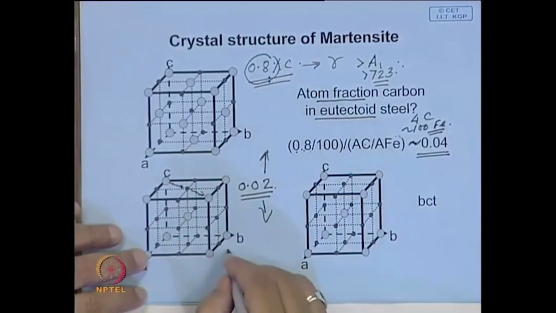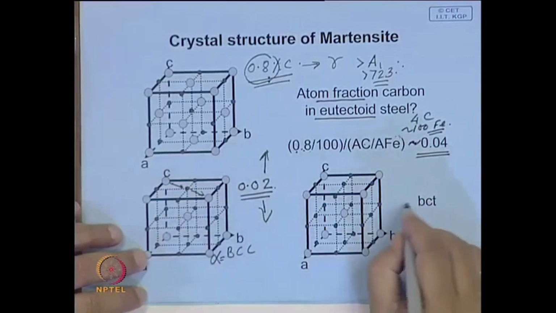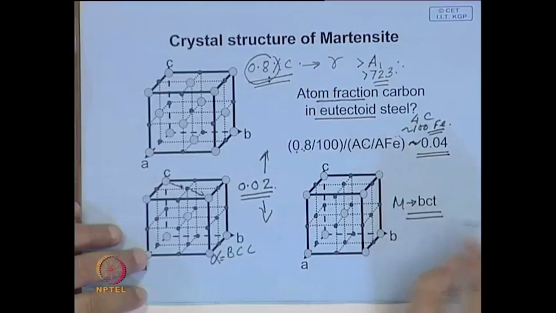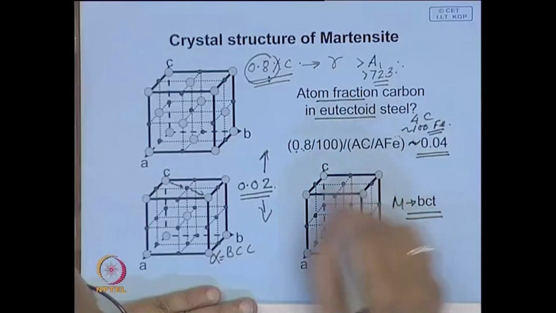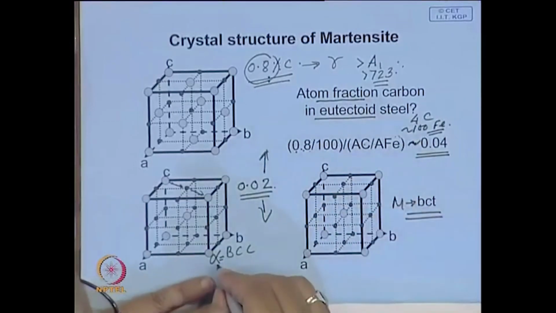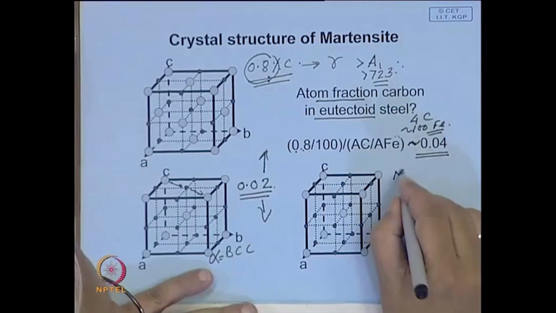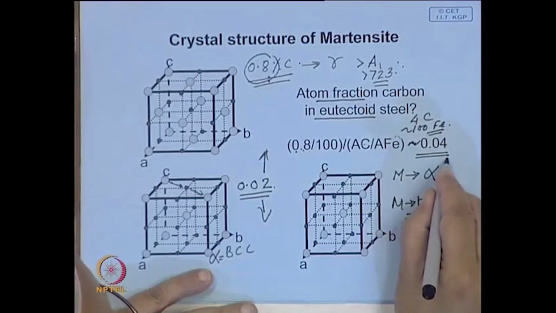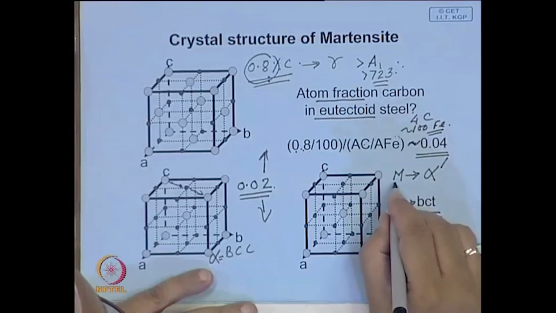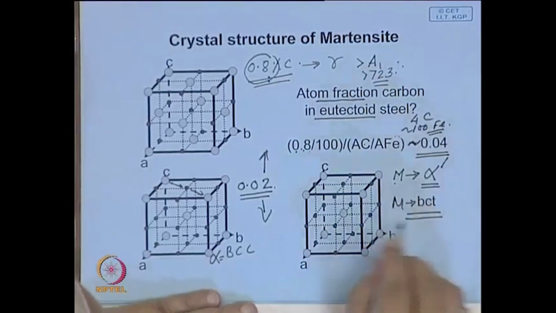Ferrite is BCC, but martensite is body centered tetragonal, and people often visualize this as a supersaturated solid solution of carbon in alpha iron, and often write it as alpha prime.